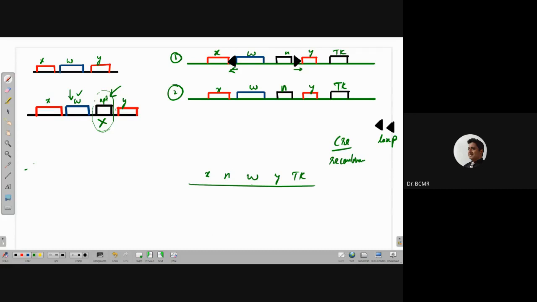If it is in inverted orientation. If we put it in this way, what would happen? Then it would be deleted.